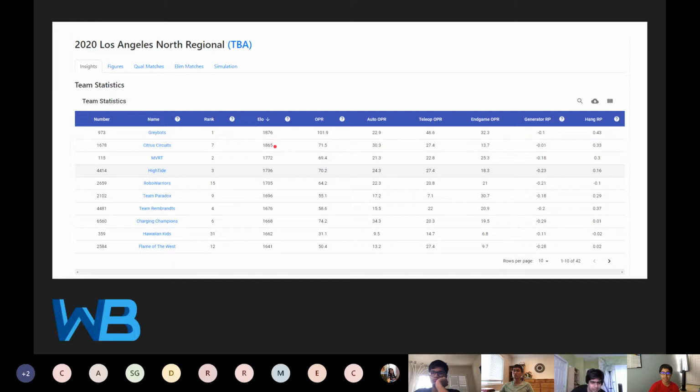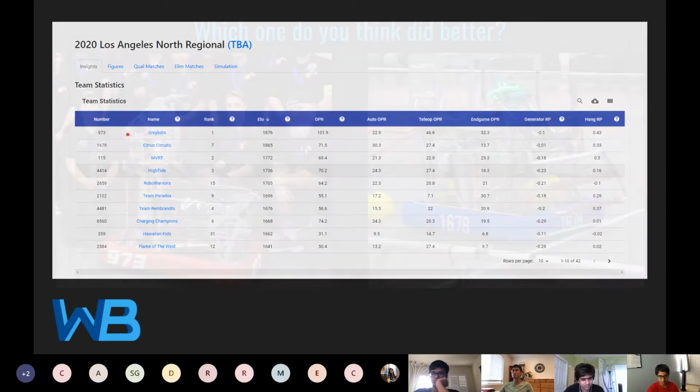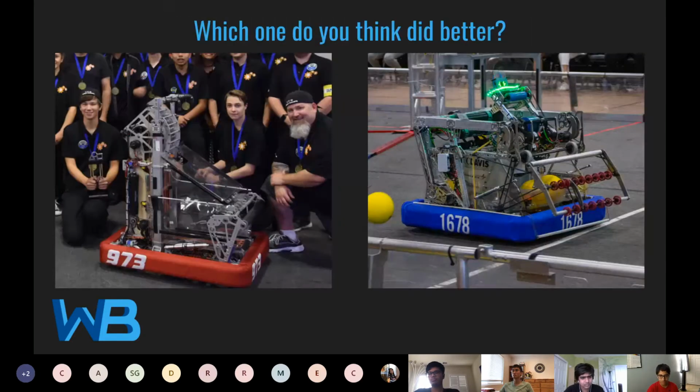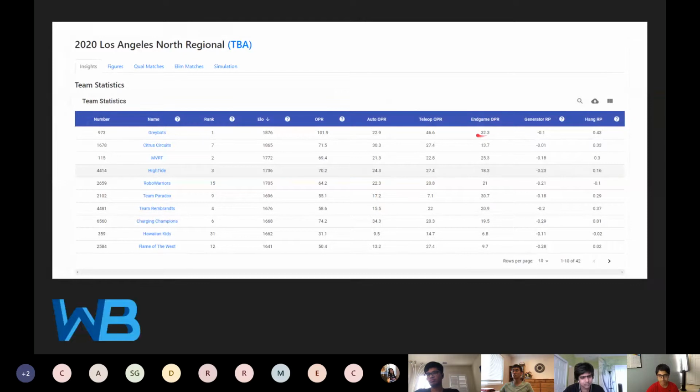And even in matches at Los Angeles North before 1678 had any communication issues whatsoever, 973 was already doing better from an ELO and OPR standpoint. So it can basically be brought down to they had a more consistent endgame. The drivers were better. They were more consistent throughout.